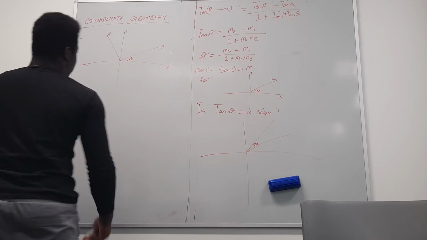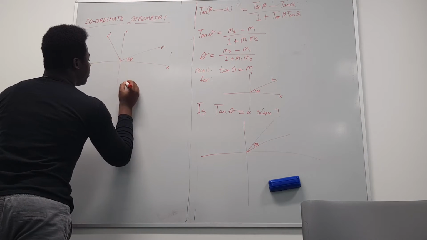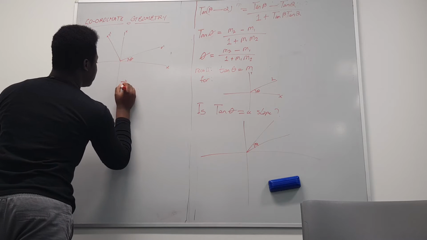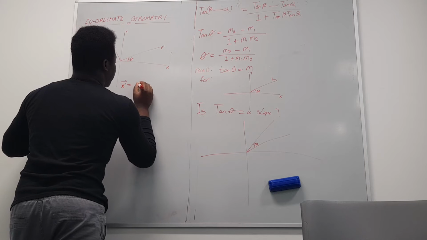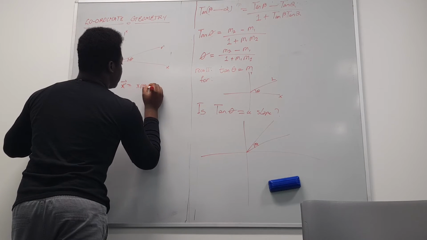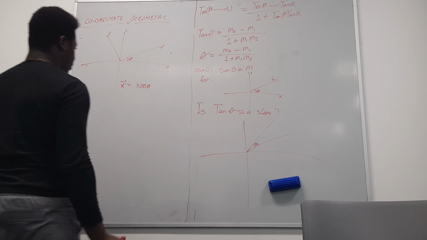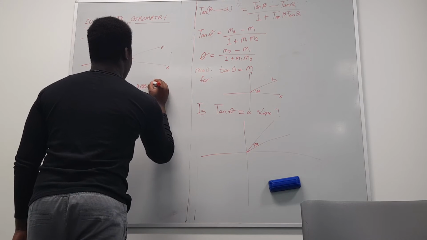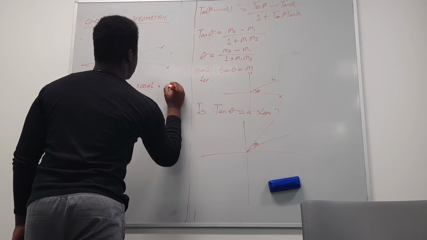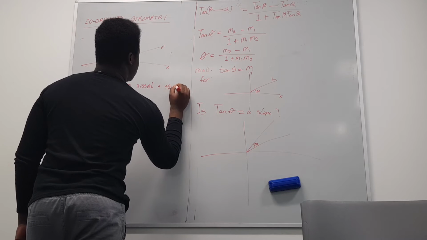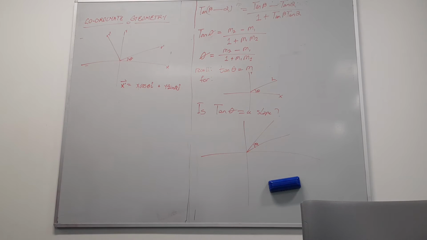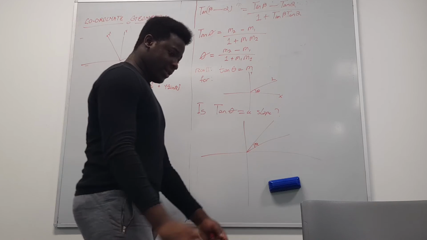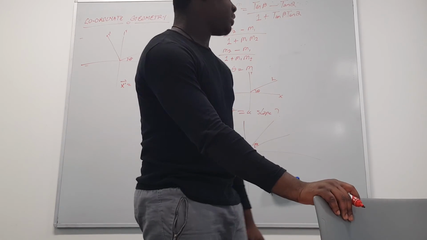The idea is that we take x prime to be a vector, an infinite vector, because it just shows a direction, and it's off from the x-axis by some angle theta. So we treat x prime as a vector, which is equal to x cosine theta i-hat plus y sine theta j-hat. Note how I put those little hats on the i and j. It's because i and j are unit basis vectors.